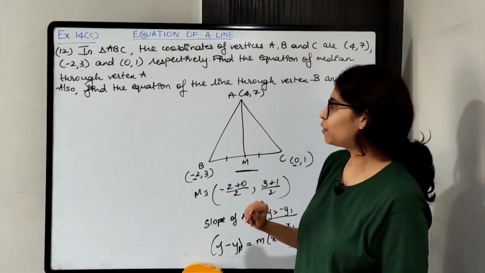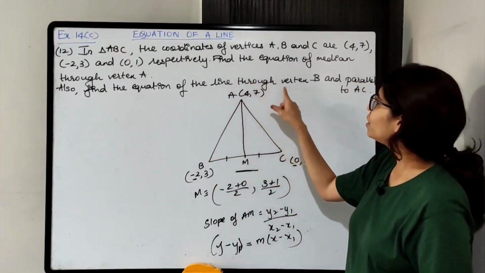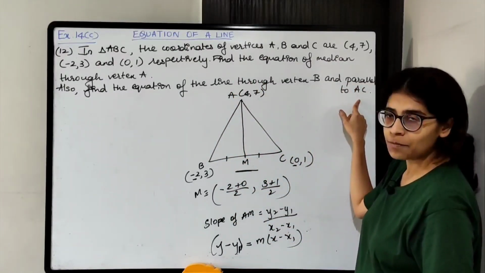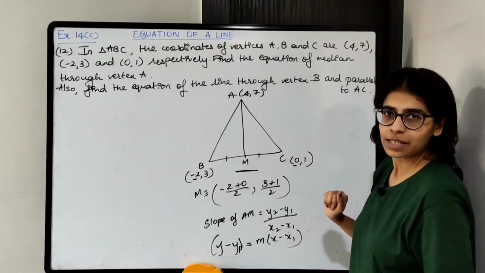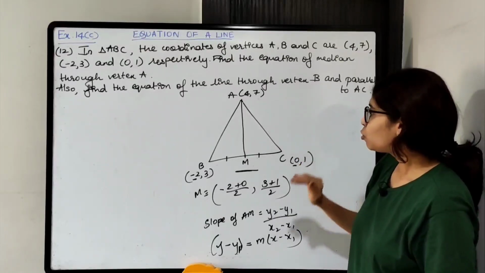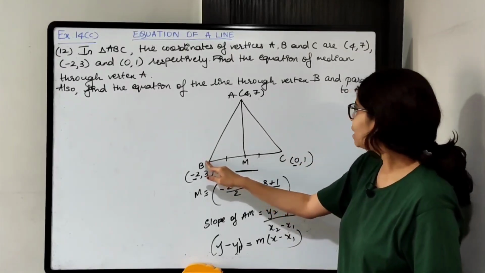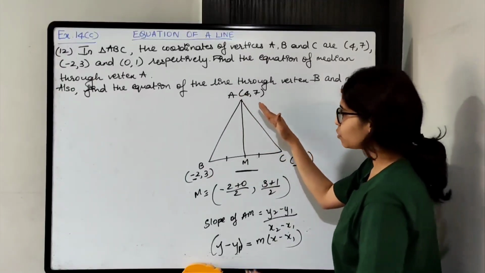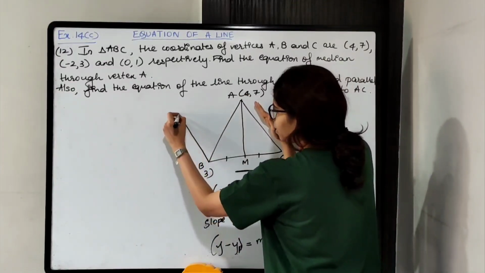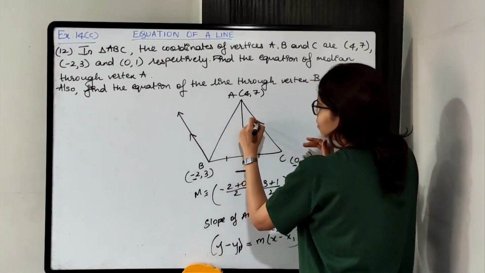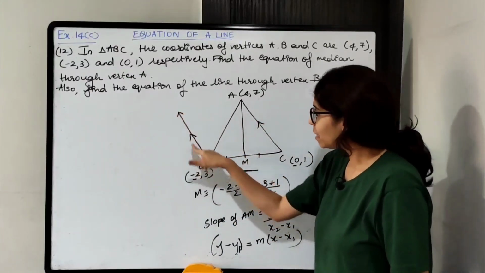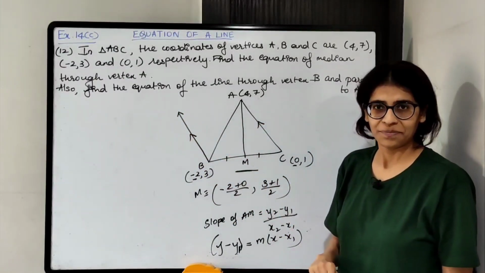Second part में you have to find out the equation of the line through vertex B and parallel to AC. There is a line through B and parallel to AC. So B से पास हो रहा है and AC से parallel है. इसका equation क्या होगा?